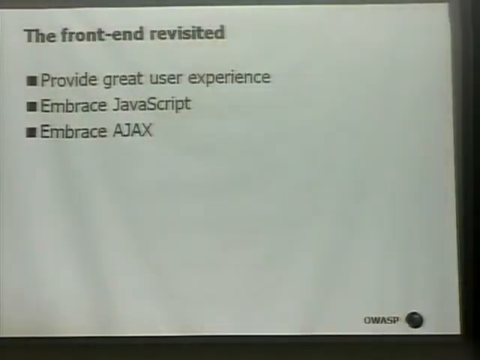So I've shown you what I would do at the back end. What about the front end? What about the browser? The first mission of the browser code is to provide a great user experience. And in order to do that, you need to embrace JavaScript. So we had some JavaScript in there, but we need to push that much further. We need to do what I said earlier.